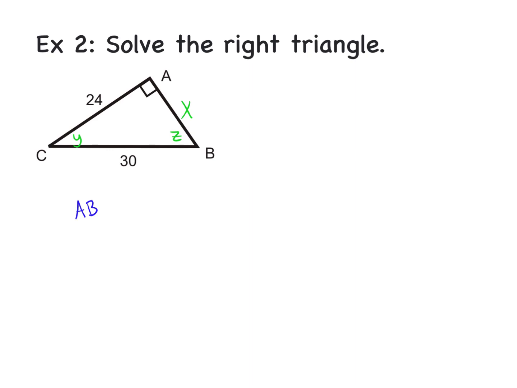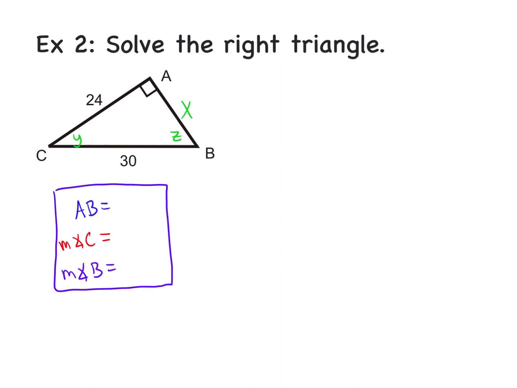We got to find side AB. And then I got to find the measure of angle C. And what's the last angle I need to find the measure of? Which one? B. So there's my three things.